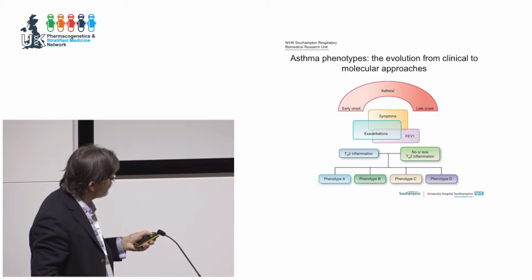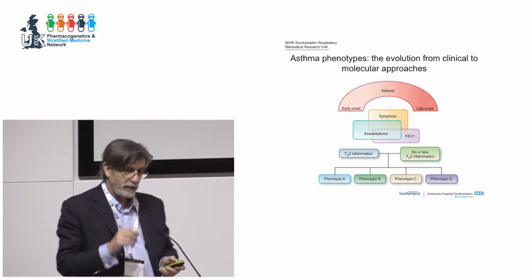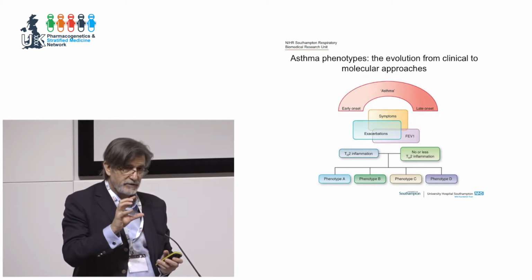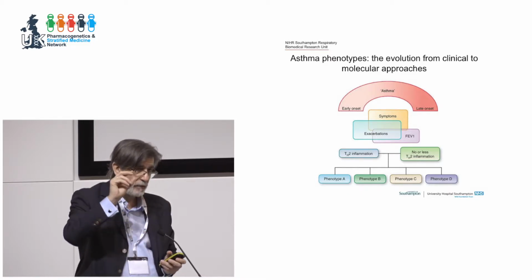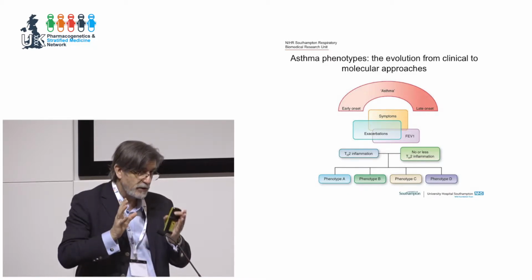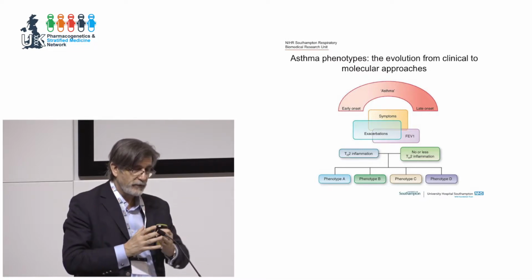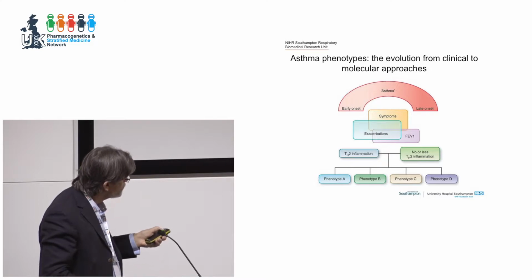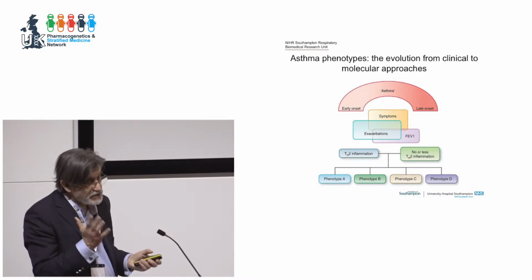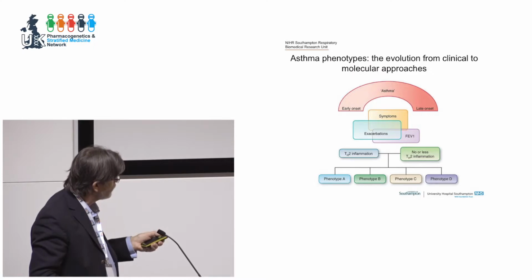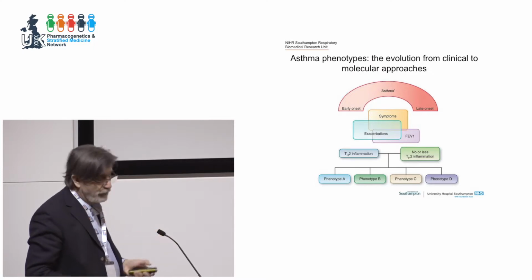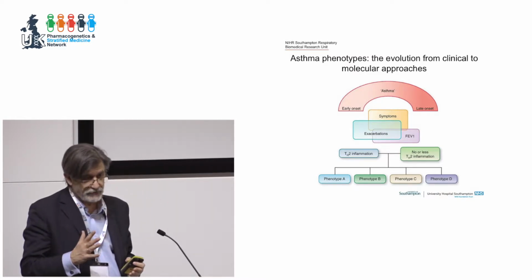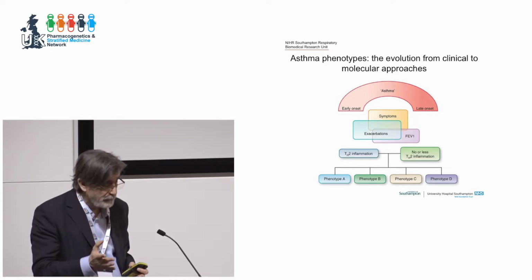One referred to as type 2 inflammation, which, evidence shows, is driven by type 2 cytokines, so interleukin 4, 5, and 13, which drive processes for which we find a lot of evidence in asthma. And that's a large proportion of asthmatics, about 60% of asthmatics fit that category. But then there are those in whom we look for patterns, and we do not see any evidence, or very little evidence, of type 2 inflammation.